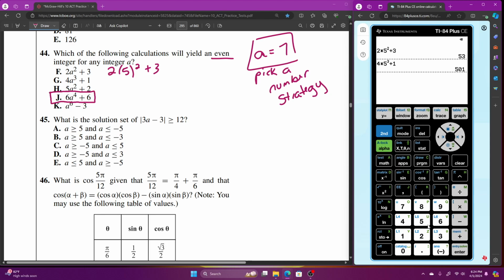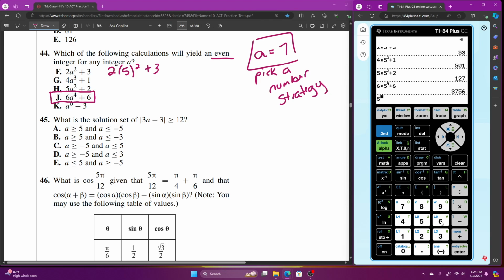Odd number. Option H: 5 times 5 squared plus 2, odd number. Option J, our answer: 6 times 5 to the power of 4 plus 6. There it is, our even number.